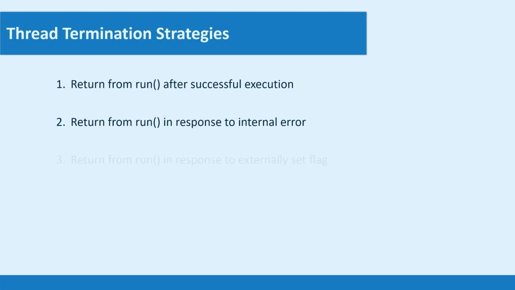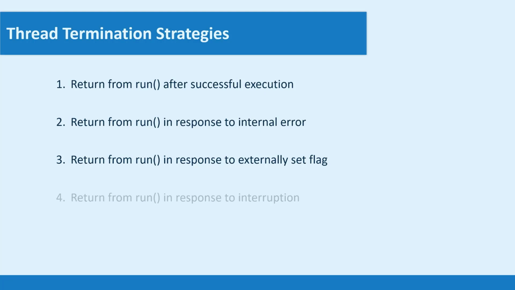Then you can return from the run method in response to an externally set flag. So basically you have a thread and some external entity sets some kind of flag, and the thread terminates in response to this event. And the fourth method is to return from the run method in response to thread interruption. Let's discuss each one of these methods in a bit more detail.